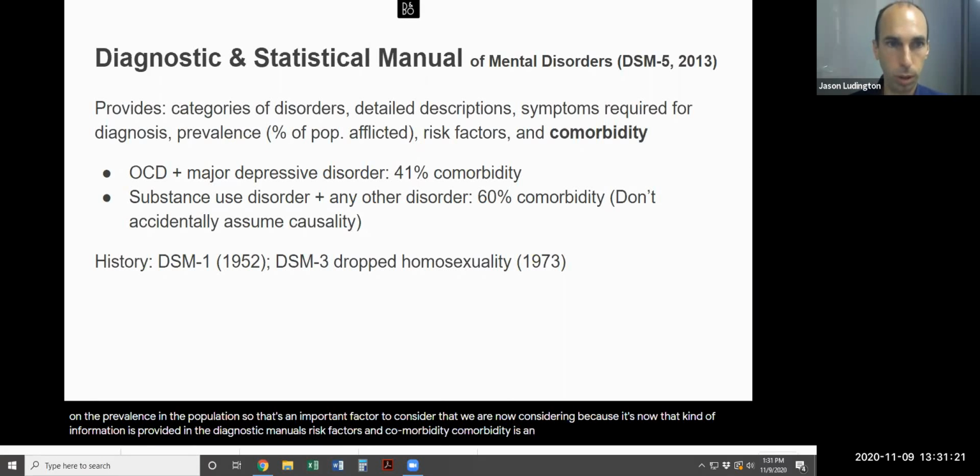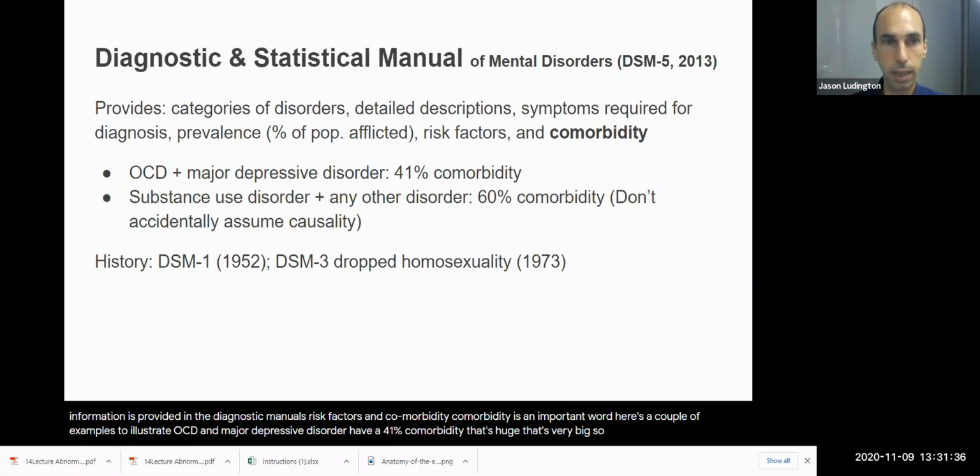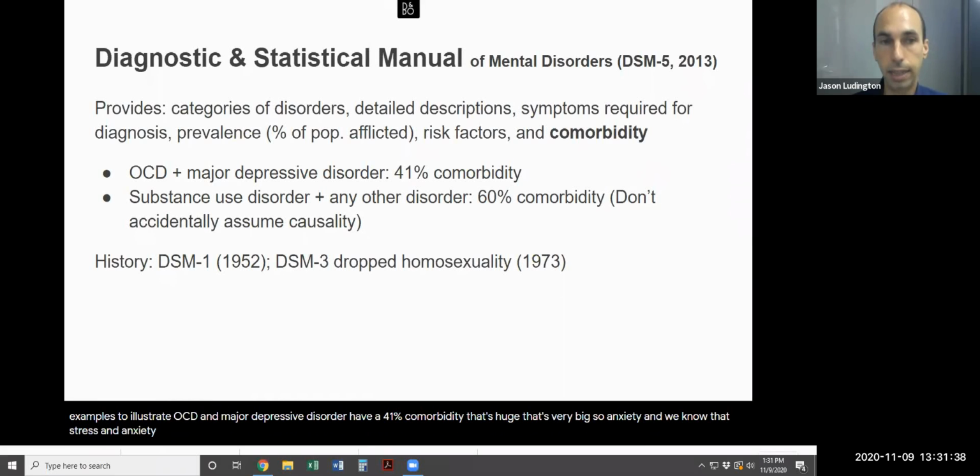Comorbidity is an important word. Here's a couple examples to illustrate. OCD and major depressive disorder have a 41% comorbidity. That's huge. That's very big. OCD causes a lot of stress and anxiety, and we know that stress and anxiety are risk factors for major depressive disorder. So we should not be surprised that they're comorbid.